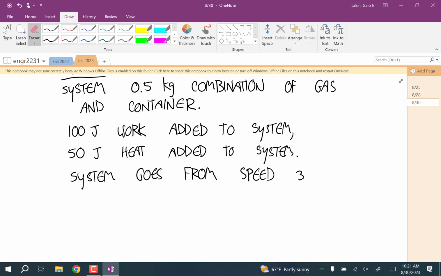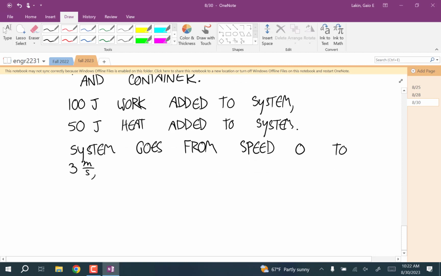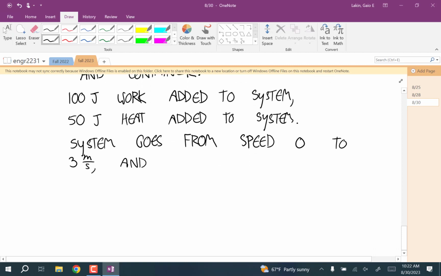Oh no, it goes from a speed of 0 to 3 meters per second. And the height lowers 2 meters.